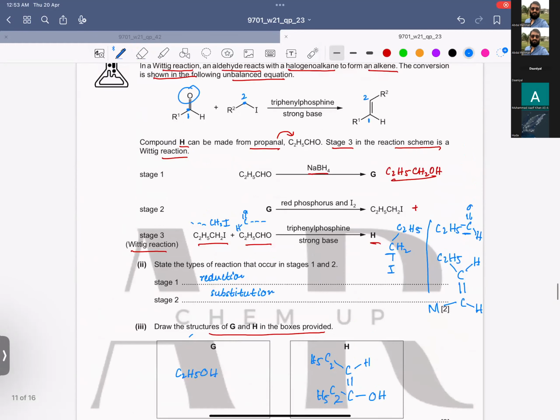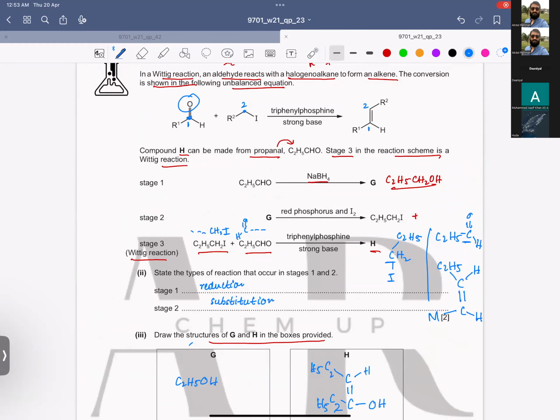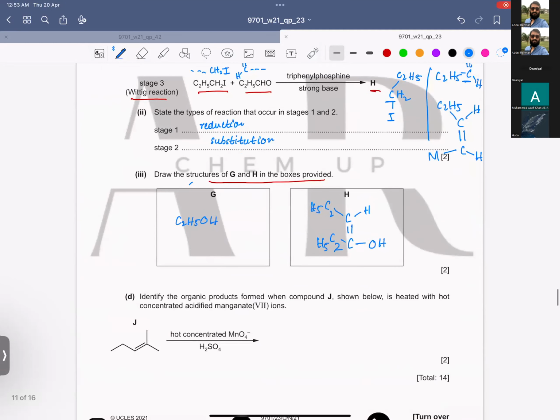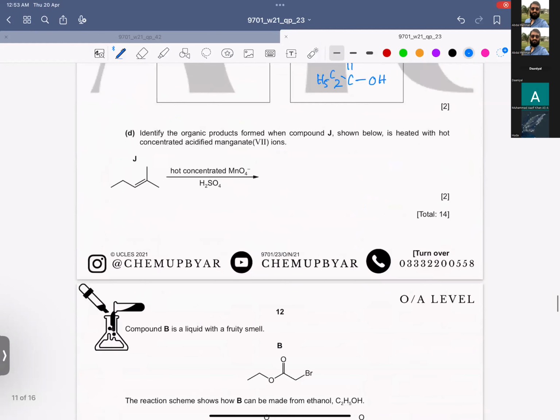We make this reaction reference as these two carbons are forming a double bond over here. So we can do this as well over here. Now let's move to the next part.